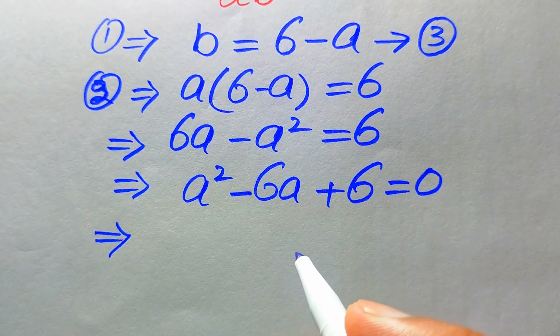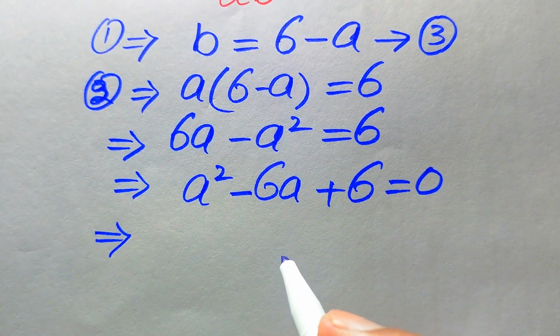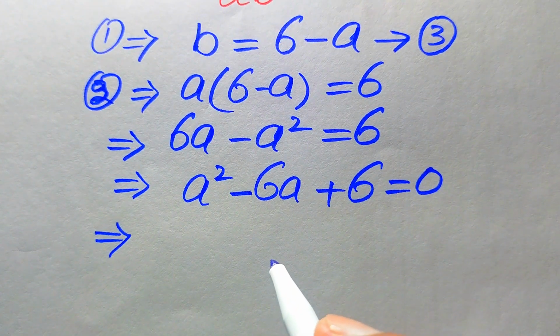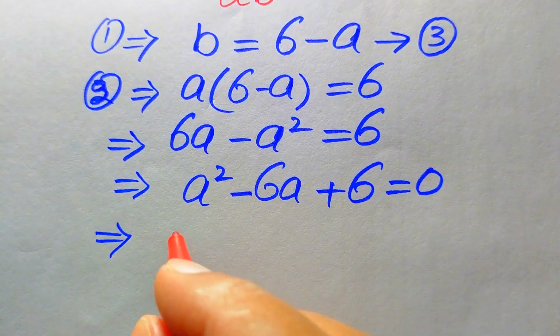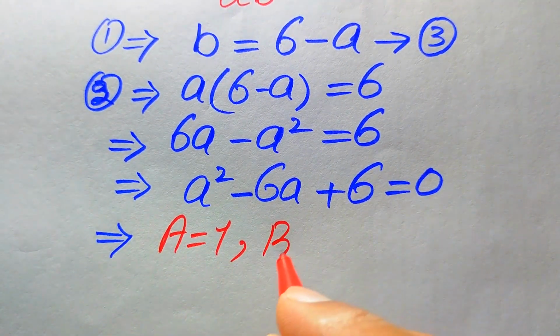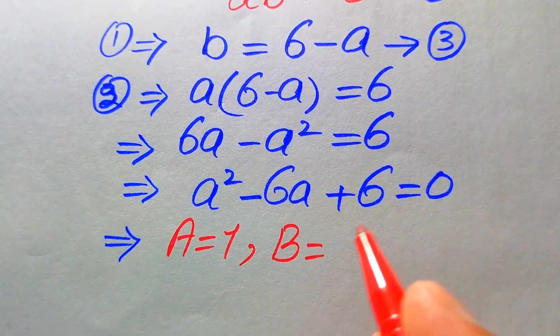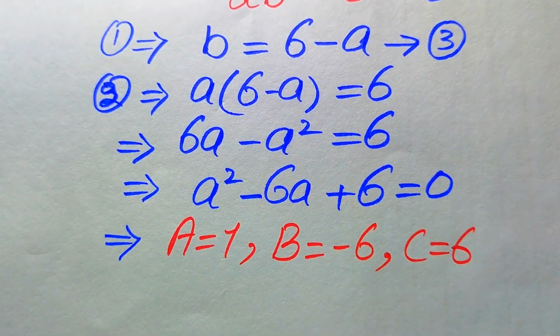You see that after this little bit simplification, we convert our given question into the simple quadratic form of a variable. And you know that there are three methods to solve the quadratic equation. The first method is factorization method, second one is completing square method, and third one is by applying the quadratic formula. So here we apply the quadratic formula to solve this quadratic equation, and for this first we write the coefficients of this equation, and its coefficients are a equals to 1, b equals to minus 6, and c is equals to plus 6.